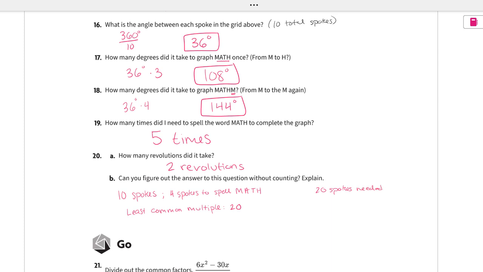Well, we could figure out part A by saying, oh, okay, we need to divide that by the 10 total, which means 2 revolutions.